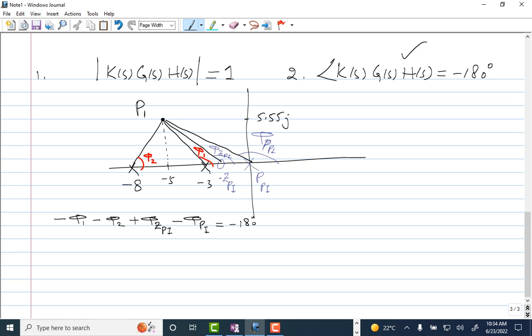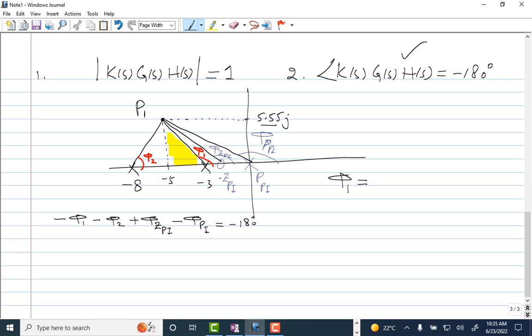Now we have to calculate the angle. We use trigonometry: we know that this height is known to us, 5.55. For example, if I want to calculate phi 1, if I consider this triangle, this angle is actually 180 minus theta, because the whole angle is 180.